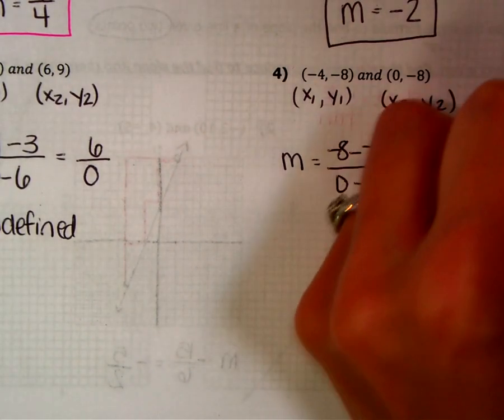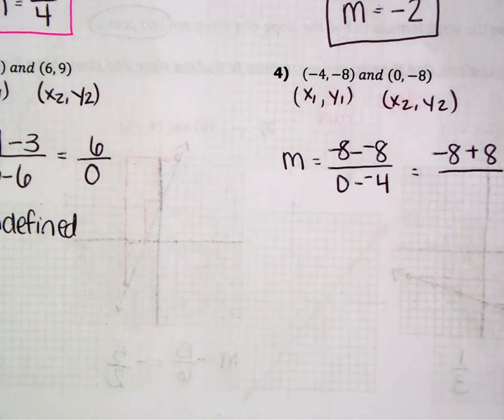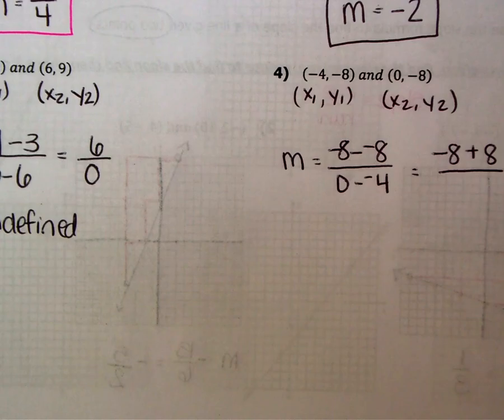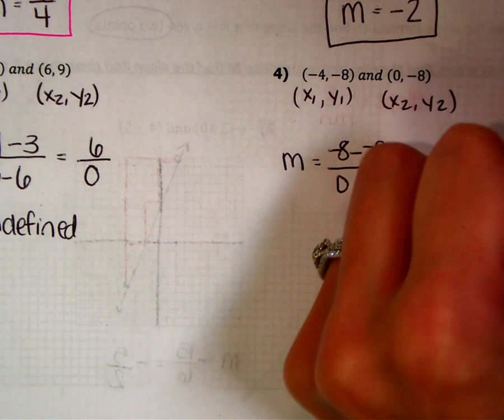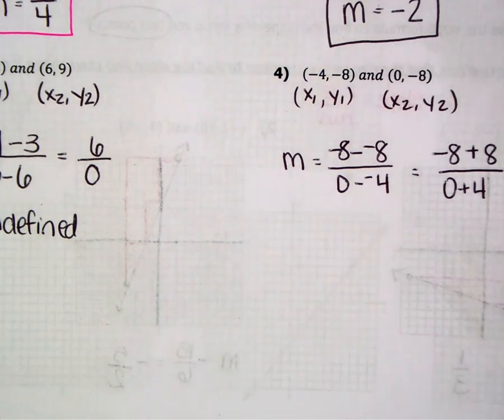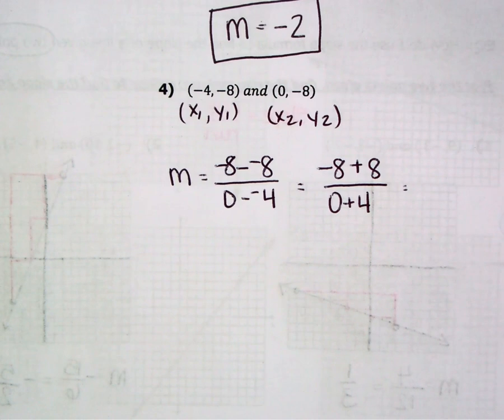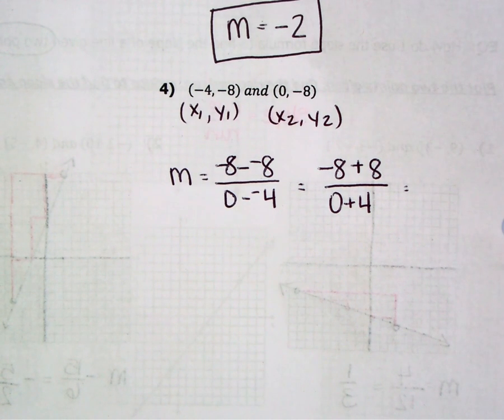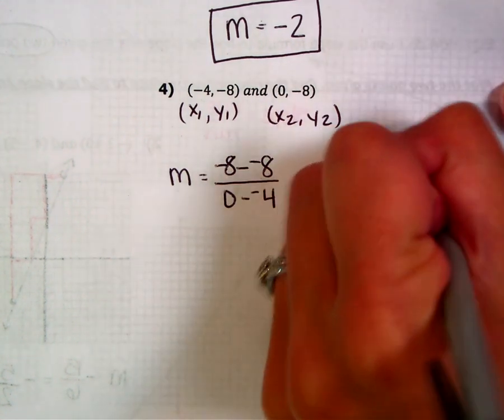Positive. So negative 8 plus 8. On the bottom, do my signs match or mismatch? Match. Positive thing. So 0 plus 4. And then we'll simplify. What is negative 8 plus 8? 0. What is 0 plus 4?